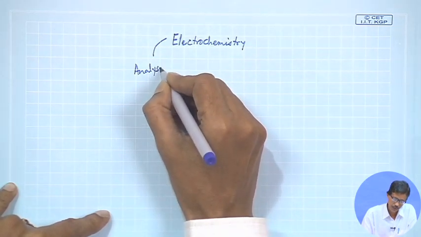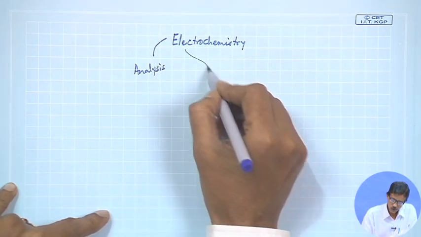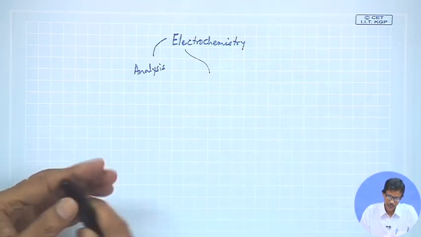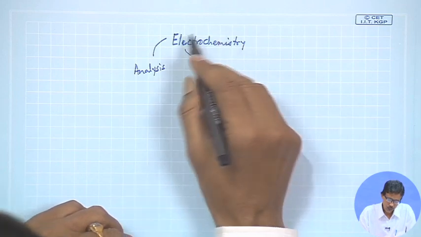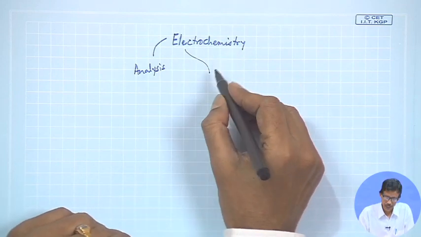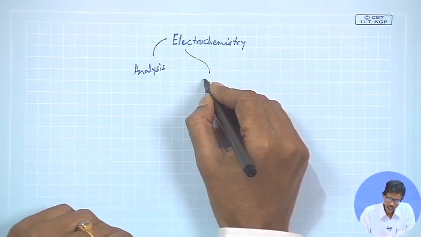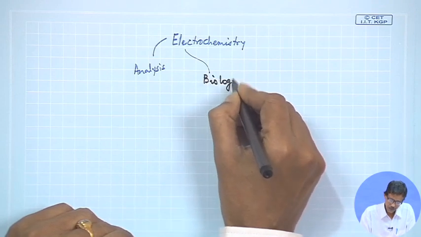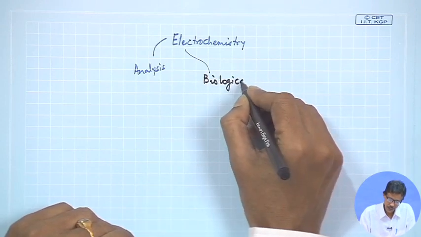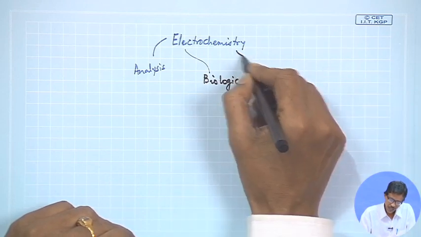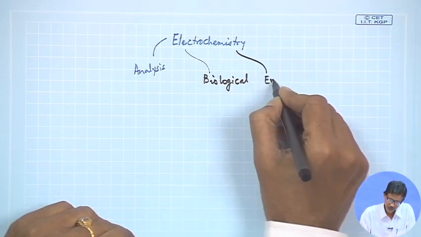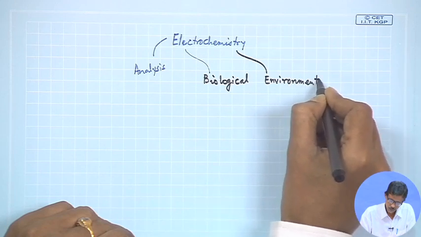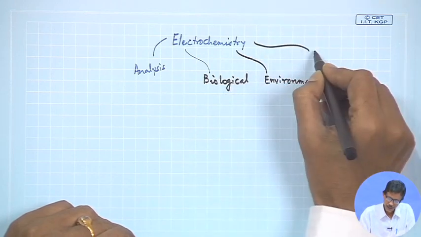Today we will also see, and we have given you some examples, how electrochemistry can be beneficial to handle biological samples such as proteins, metalloenzymes, etc., as well as the environment and the materials.